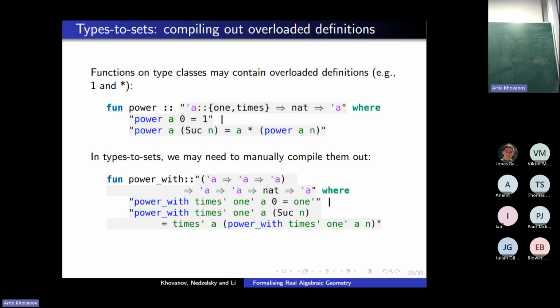So we redefine some of the previous definitions on type classes, and then we need to prove their equivalence. Basically, these are the hard part, the manual work we need to do in order to use this types-to-set system.